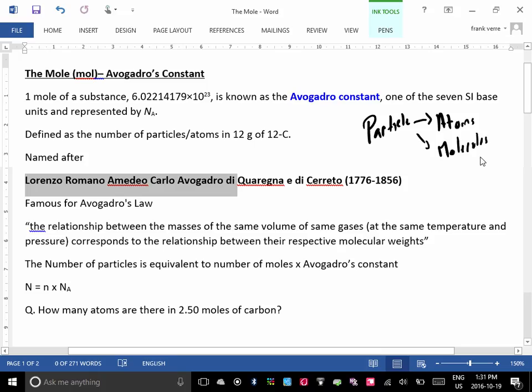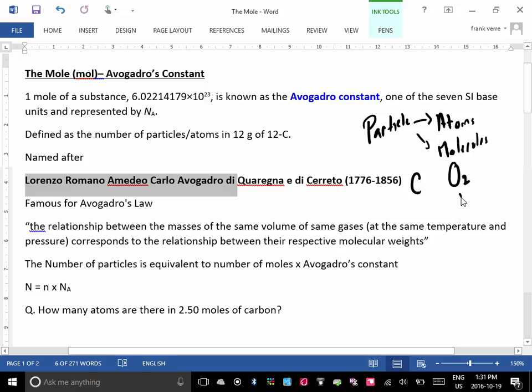So depending on what you're talking about, for example, carbon exists as single atoms. But oxygen is diatomic, so it would exist as a molecule.